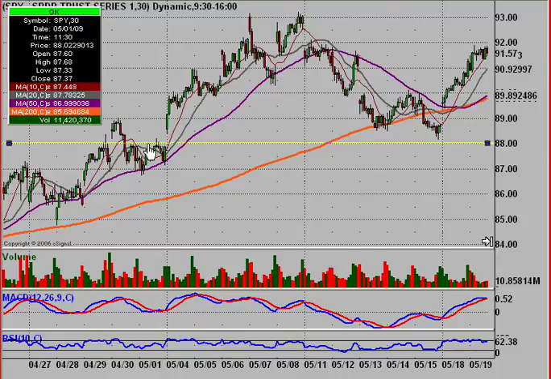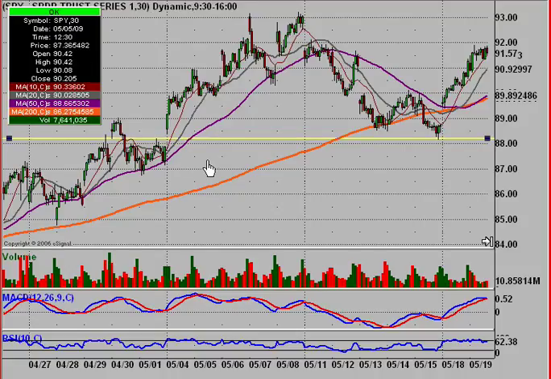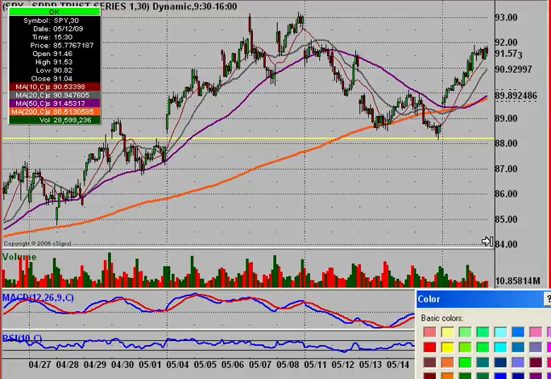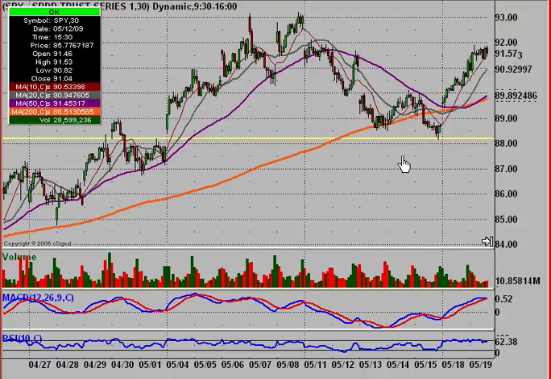Getting back to the 30-minute interval, the key level that I'm seeing right now that we keep flirting with and hovering around is this area right here. We have this previous gap, and as you can see, the price has come down a few different times and flirted with the area. Support and resistance levels are not specific price levels but more of zones.